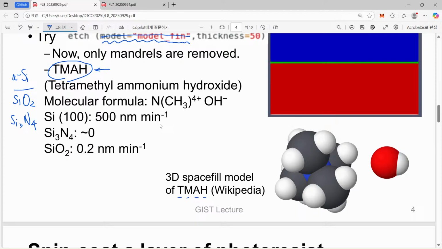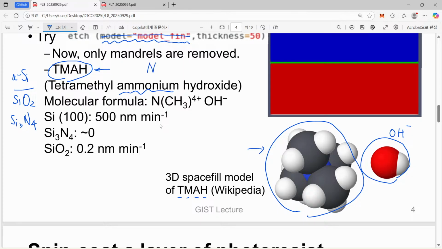This is the form of TMAH, tetramethyl ammonium hydroxide. Here this part, and here we have another part. This part corresponds to OH minus, and this part corresponds to tetramethyl ammonium. So usual ammonium has the form of NH4. This is the chemical formula of usual ammonium.